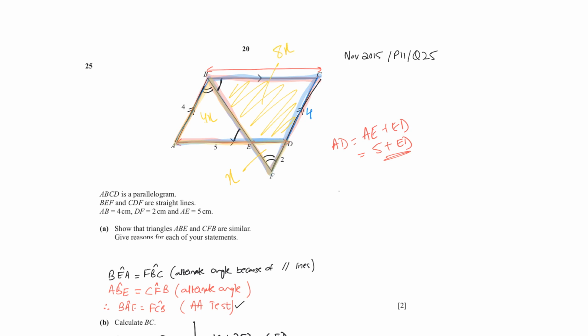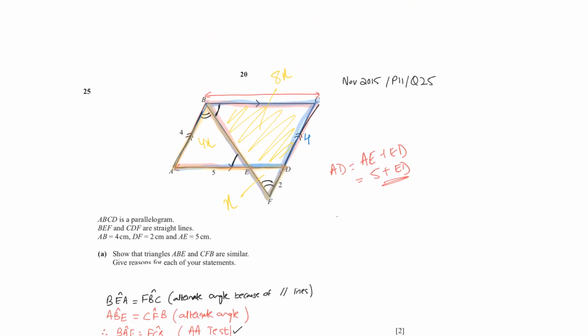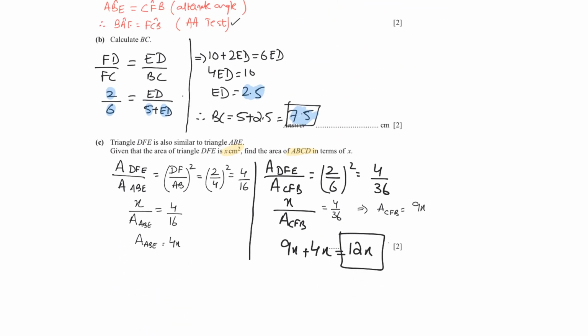Now, you were asked to find the total area of ABCD in terms of x. So, ABCD in terms of x would be 4x plus 8x, because we want to find it for the entire parallelogram. So, 4x plus 8x will give you 12x, which is here.